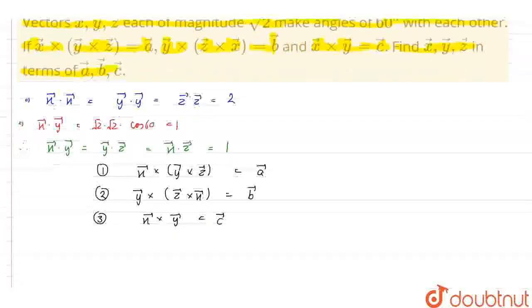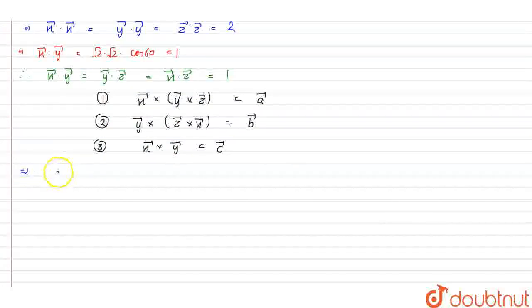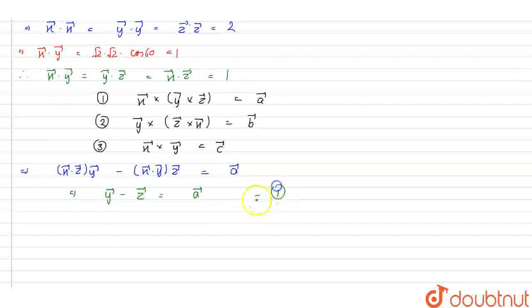So solving these equations one by one, the first equation becomes x dot z into y vector minus x dot y into z vector equals a vector. So using the dot product, we get y vector minus z vector equals a vector. Let this be the first equation.